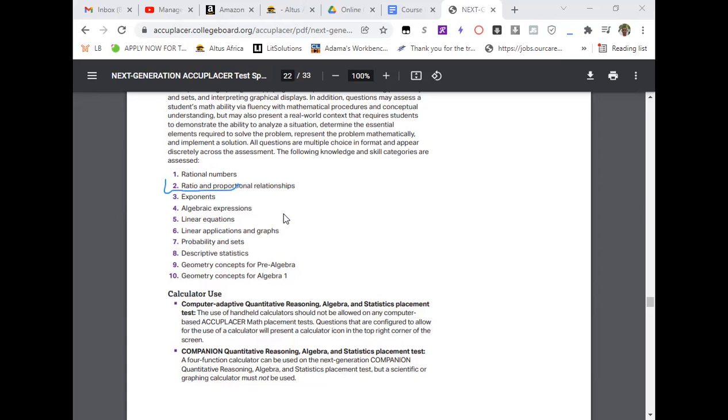So number 7, probability and sets. This is where they give you a table of data and ask you what is the probability of finding one thing in an entire population. Number 8, descriptive statistics.